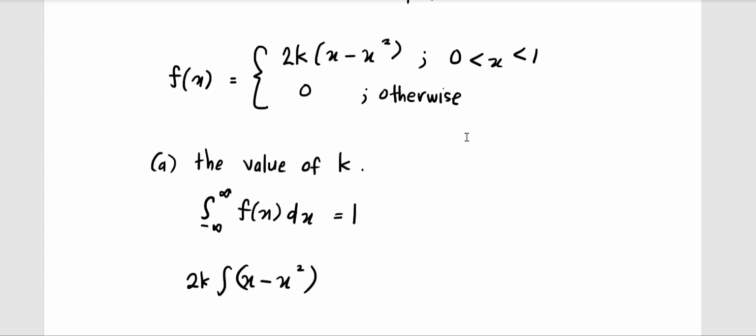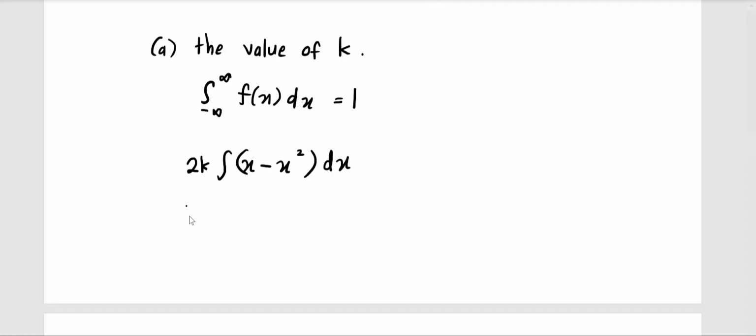So we have 2k, and integrating, we get x squared divided by 2 minus x cubed divided by 3.